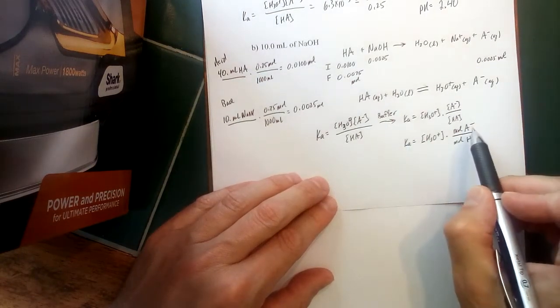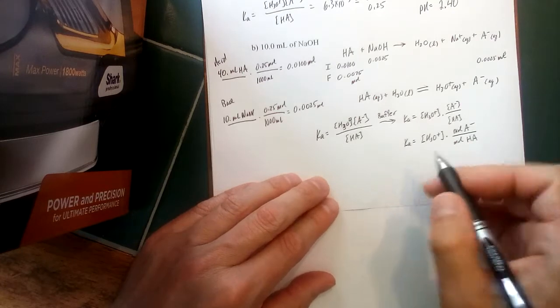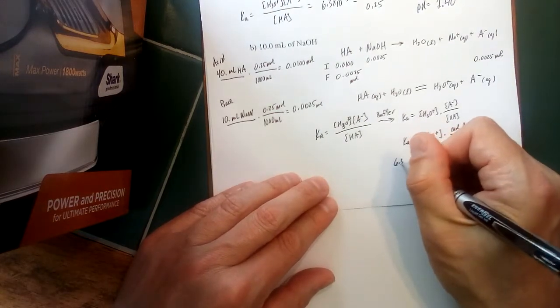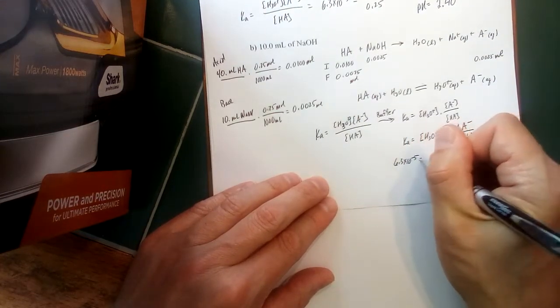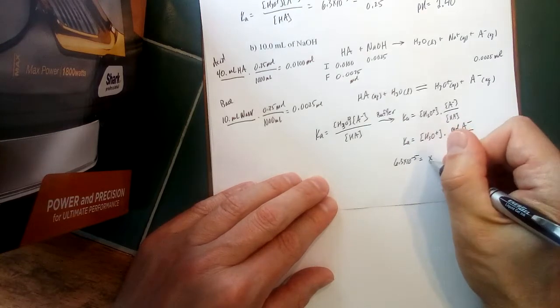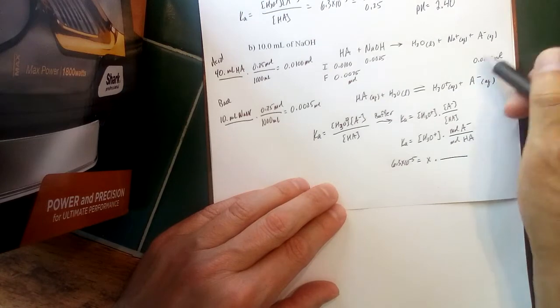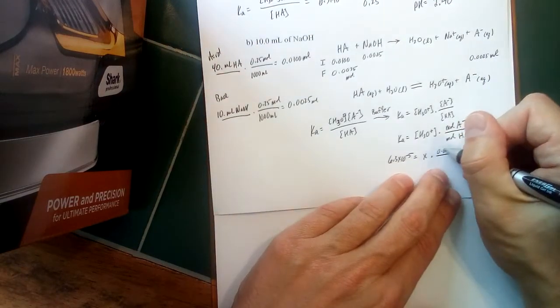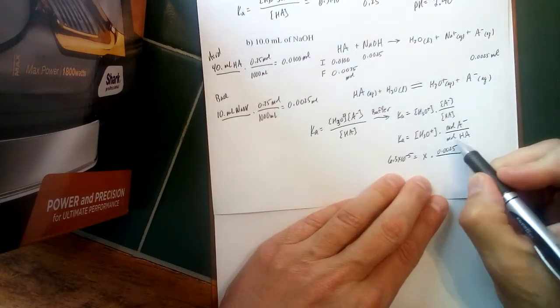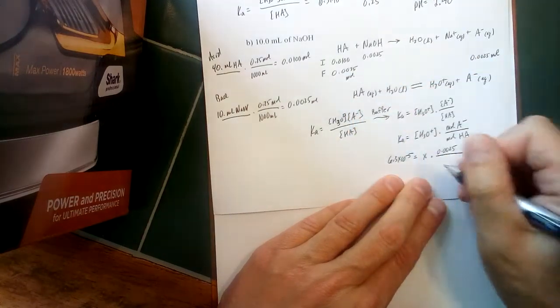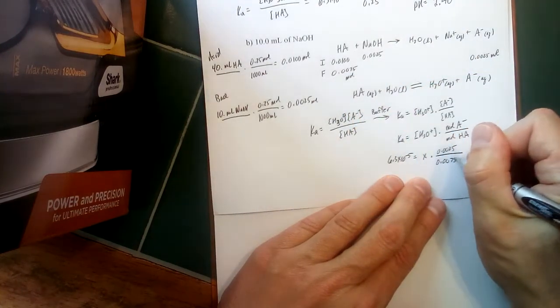So from this equation, if we just plug in, we know Ka. The hydronium ion concentration is what we're trying to solve for, so I'll call that X. Moles of the conjugate base here is 0.0025. Moles of the weak acid is 0.0075.